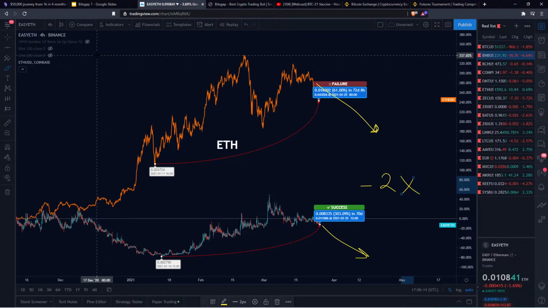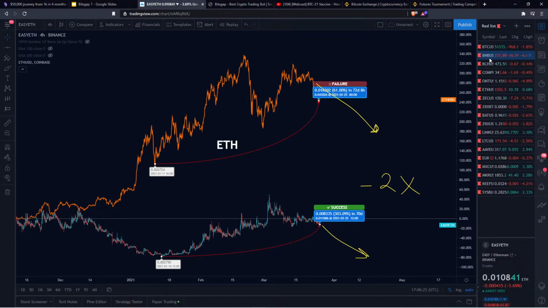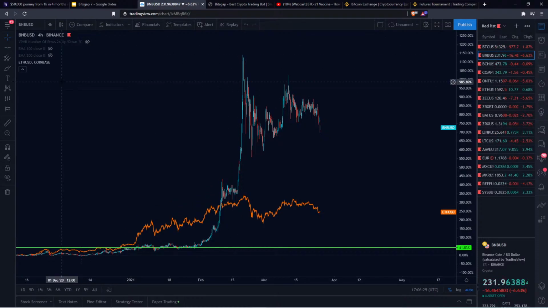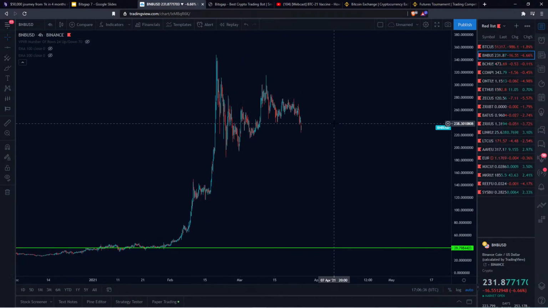The conservative strategy on automation would be trading to USDT, because here you are exposed to the volatility of only the base currency. So for example, BNB trading to USD.